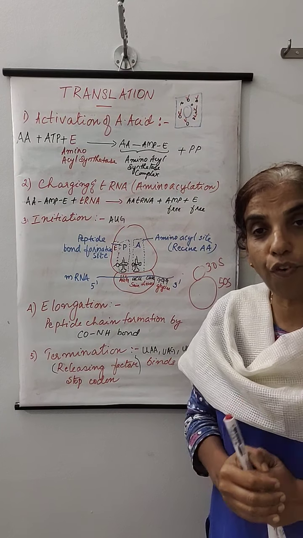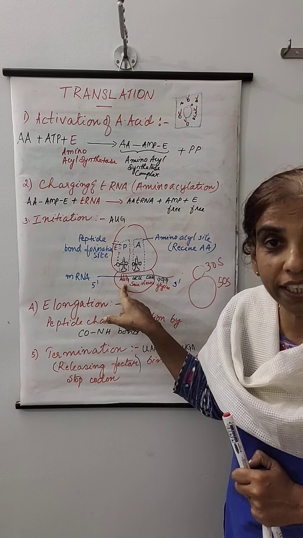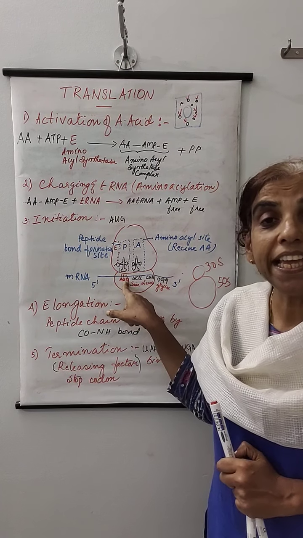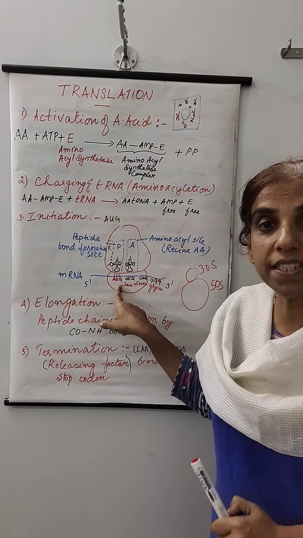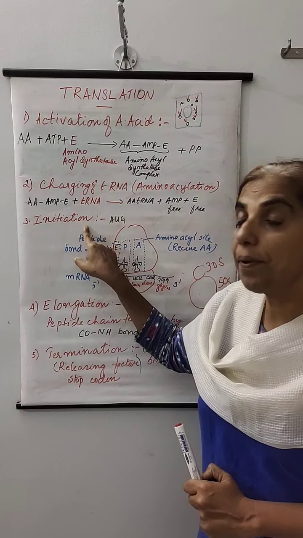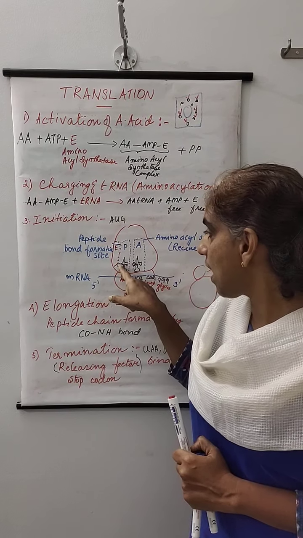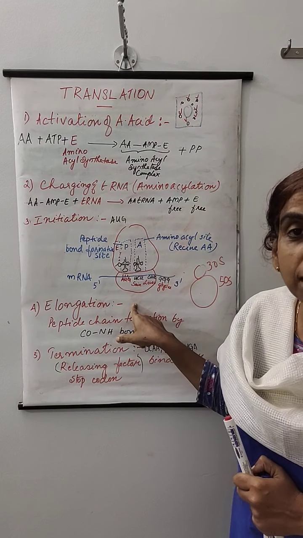AUG stands for the initiation codon, methionine. It stands for the amino acid methionine. So whenever AUG comes on the messenger RNA, the initiation step begins. Once this AUG comes at the P site, slowly the elongation begins.